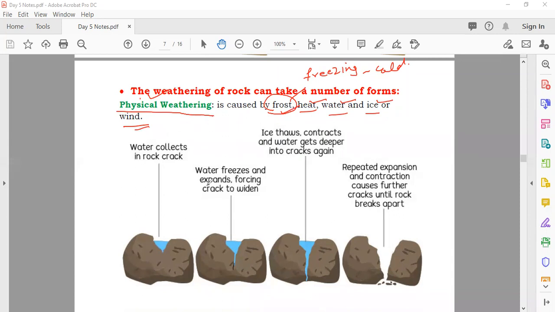Physical weathering. See here, in the first diagram, there is a small amount of water here. Due to this small amount of water, they start to break down. And more water will come down, and again the water will break them. Can anyone explain how the water can break them?